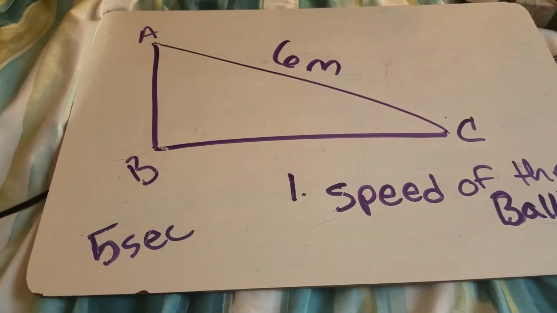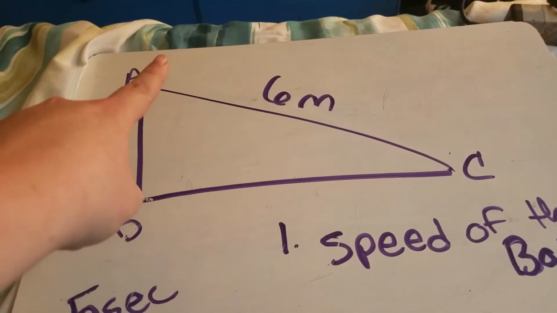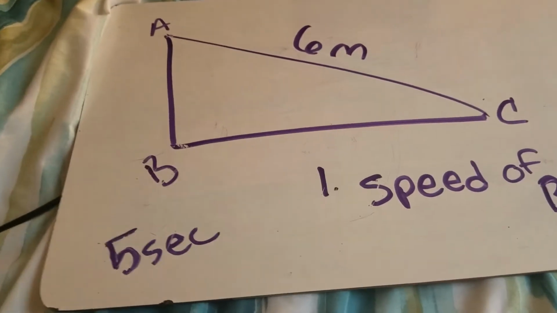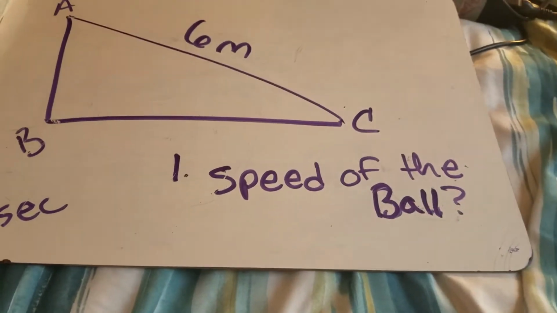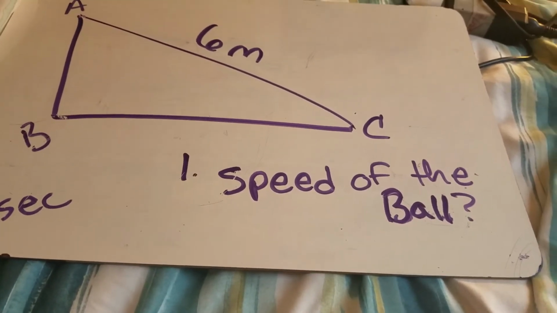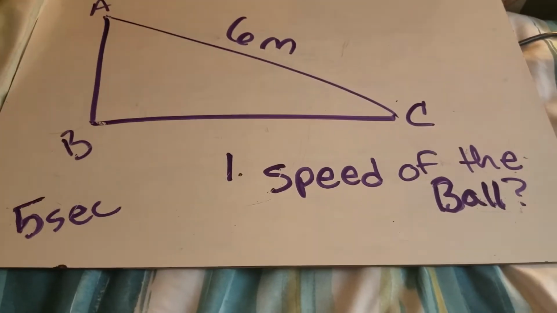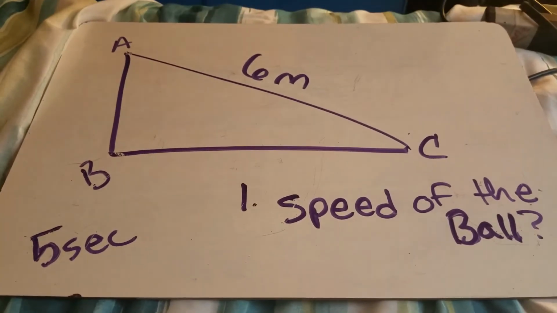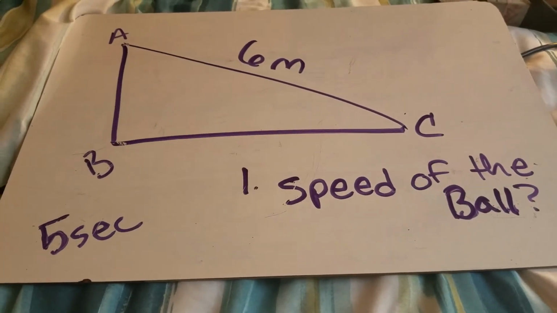So, let's just imagine my ball is rolling down this ramp of 6 meters. It rolls down in 5 seconds. I want to figure out what is the speed of the ball. Now, this is an equation on your equation sheet, but we haven't really used it for a while. So does anybody know, anybody at all, what equation we want to use to figure out the speed?